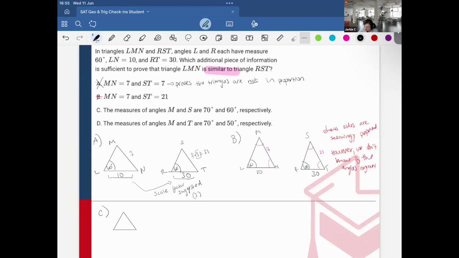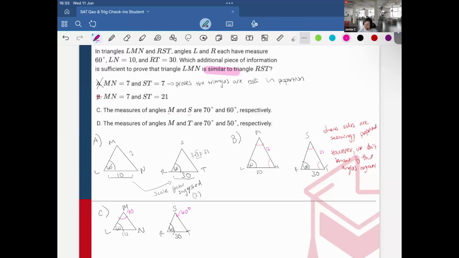So we have triangle LMN and triangle RST, and we know 60, 60, 10, 30. Here it's saying the measures of angles M and S are 70 and 60, respectively. So this is 60.